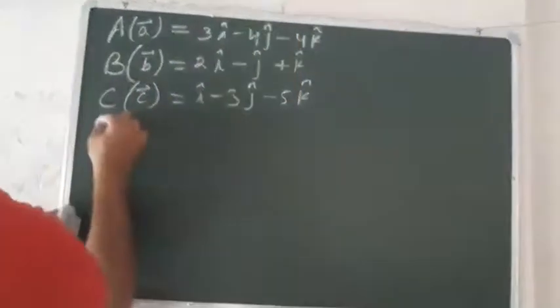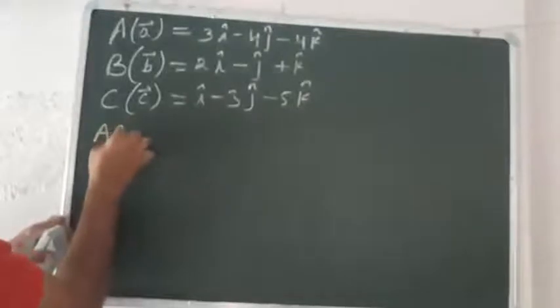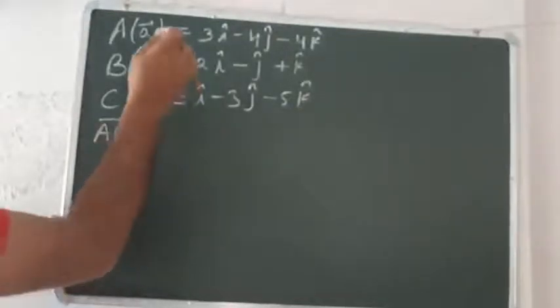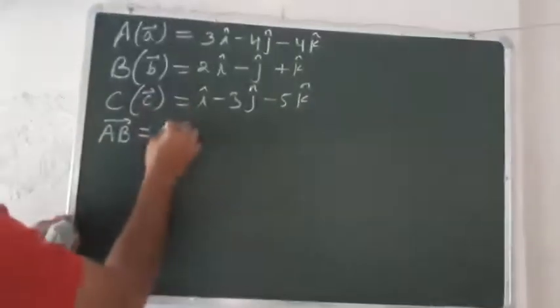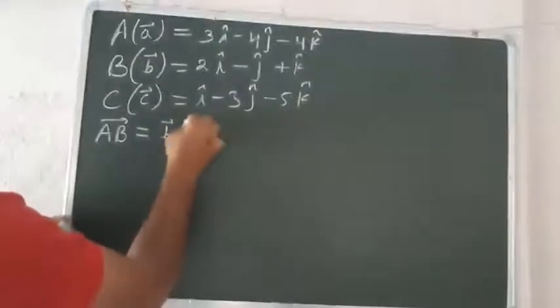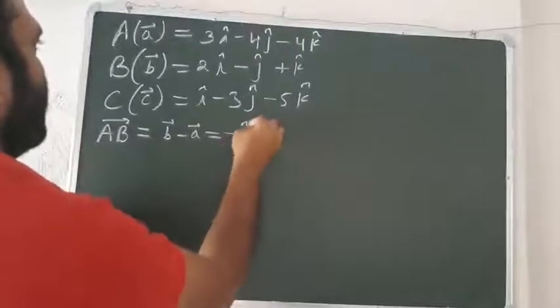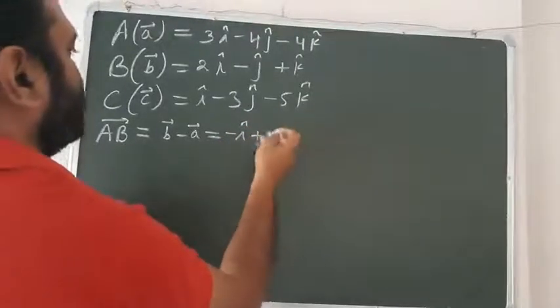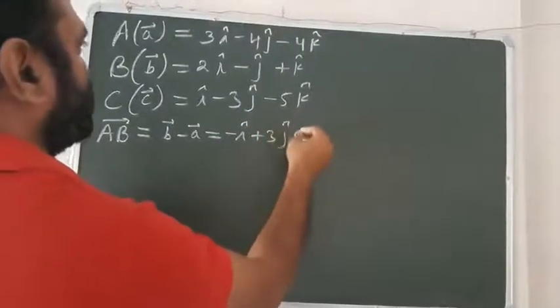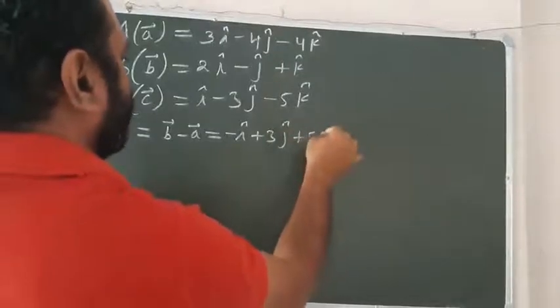So first of all beta ji, we have to find AB vector. AB vector means B minus A. So we will get minus I cap plus 3j cap plus 5k cap.